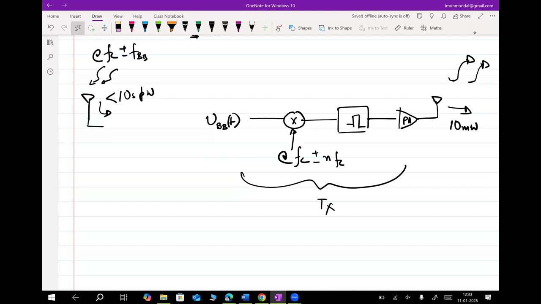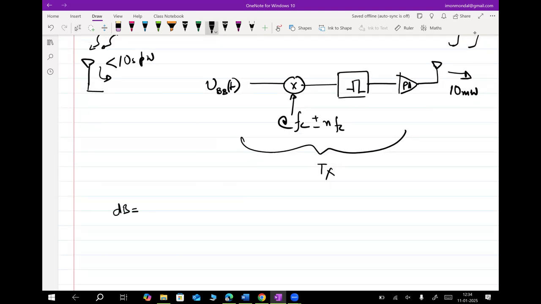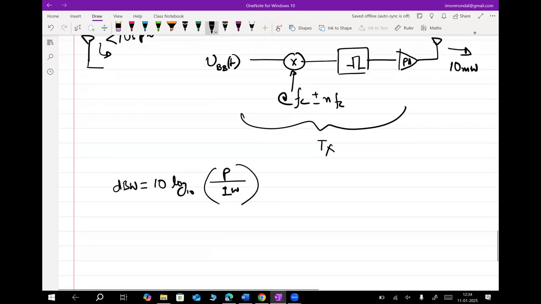When you say 10 log of some number, you assume that the denominator is 1. dB essentially means 10 log to the base 10 of something, in this case power, divided by 1. If I just say dB, it means this. But that is why you should never just say dB. When we say this, we essentially mean it is dBW, dB watt. It is assumed that this is 1 watt. If you simply say dB, this is what is assumed.